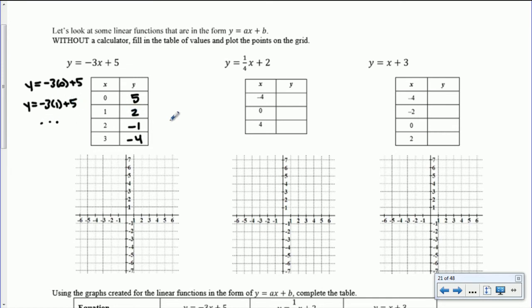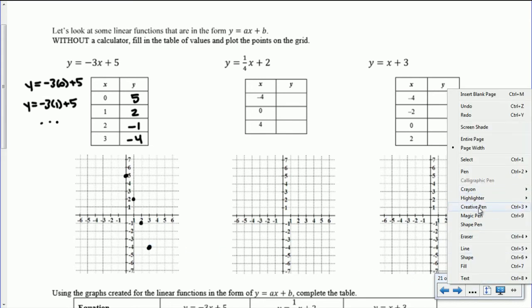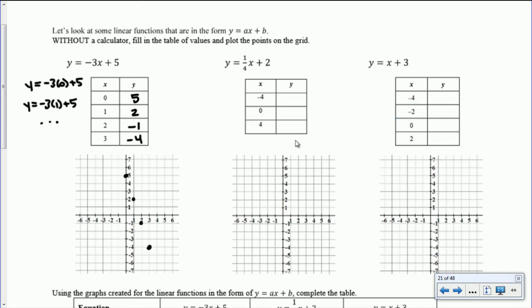So fairly straightforward. And then if we want to graph that, we can just put these points in. 0, 5 will go there, 1, 2 will go there, 2, -1, right 2, down 1, and 3, -4, right 3, down 4. Then we can just connect those points with a line and extend it in either direction.